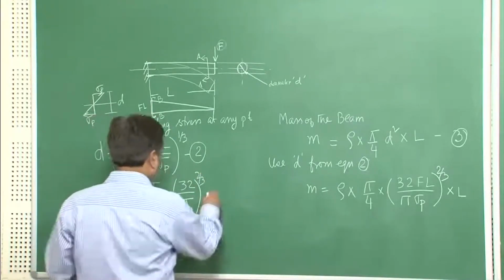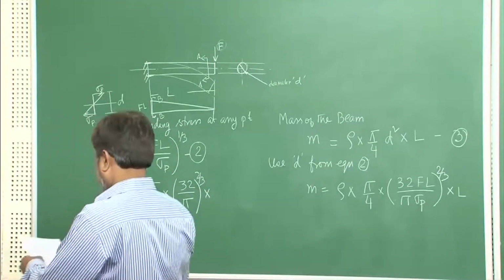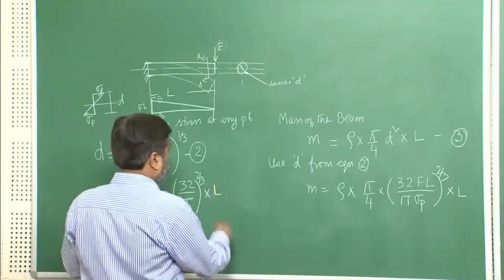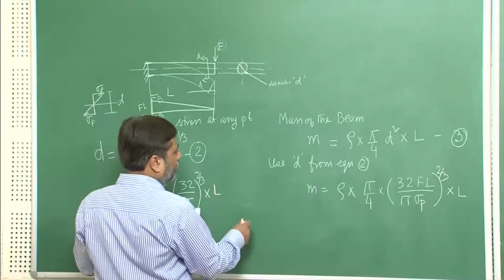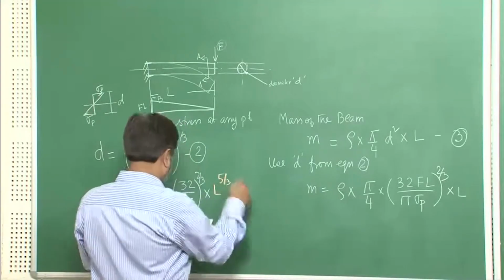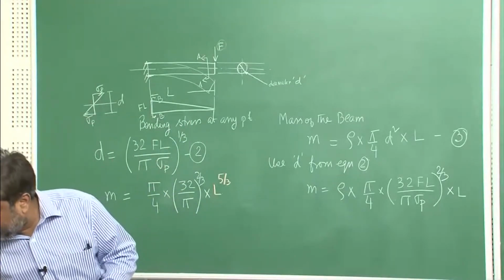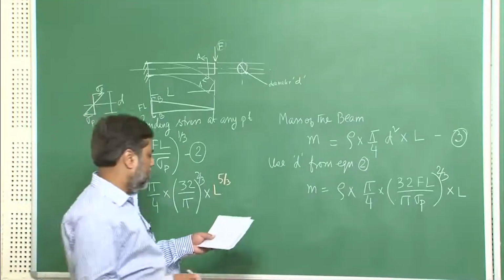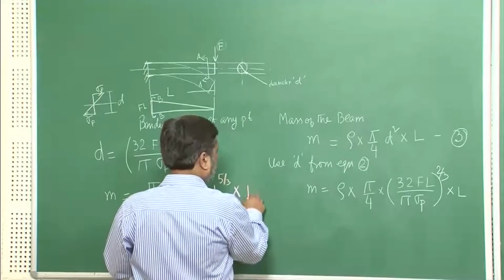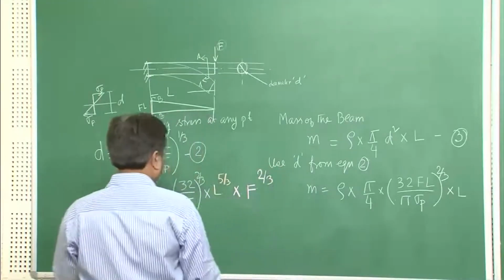This is one part, multiplied by, let us choose another color, L to the power 2/3 plus 1, so L to the power 5/3, and then another part, the functional part of the system, F to the power 2/3.